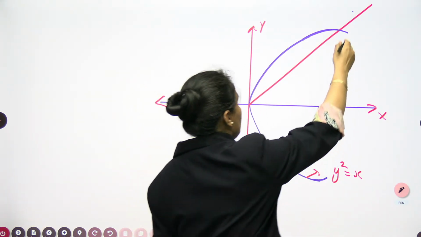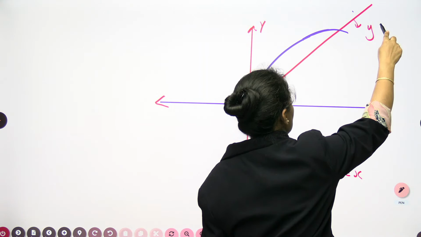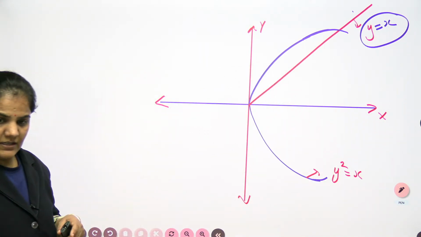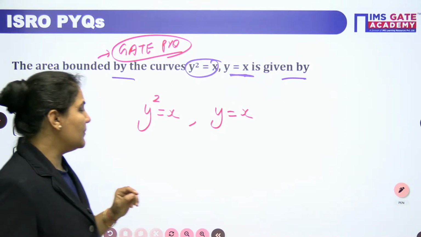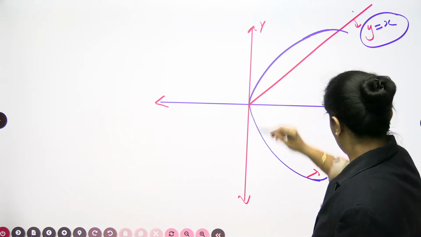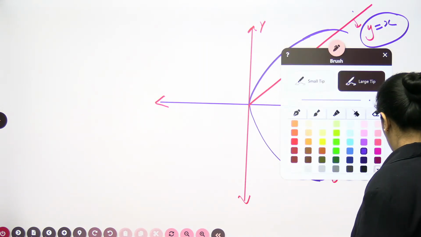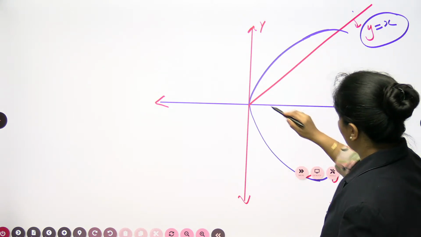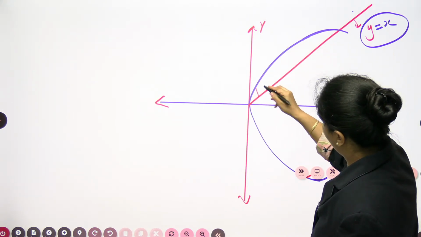So this is my y equals x, a straight line. So we need to find out the area between these two curves. Ultimately I can make the shade here, for which we need to find out the area. We need to find out this area.